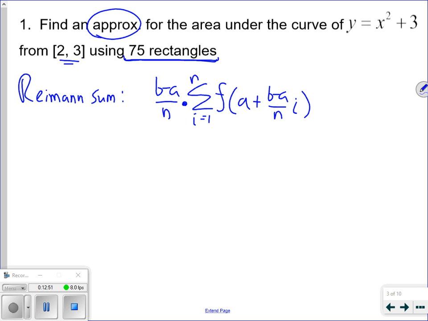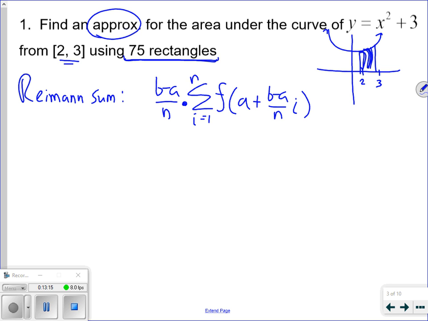Now, if you were to graph x squared plus 3, it looks something like this, and we're looking between 2 and 3, that's that area right there. Could you imagine drawing 75 rectangles? Can't do it. But would you agree that 75 rectangles is going to be a pretty close approximation? 75 is a lot.